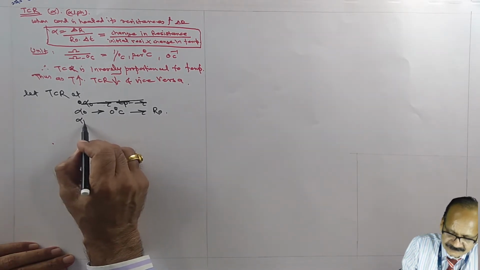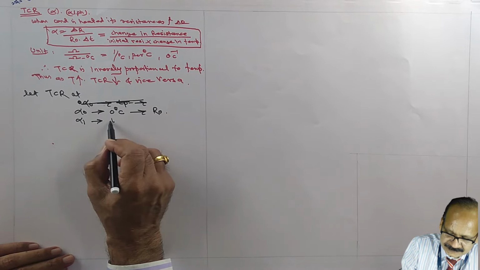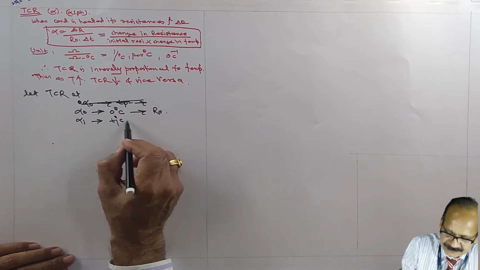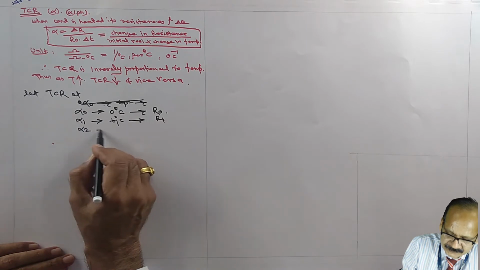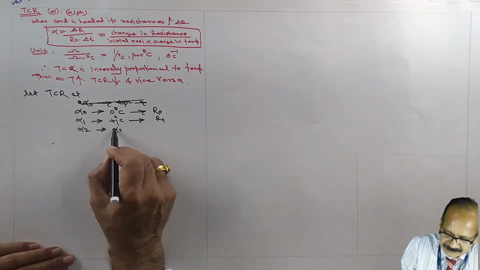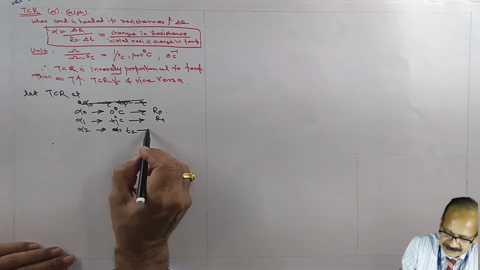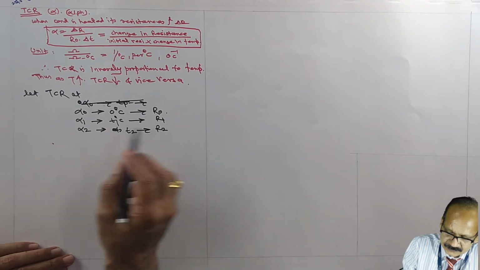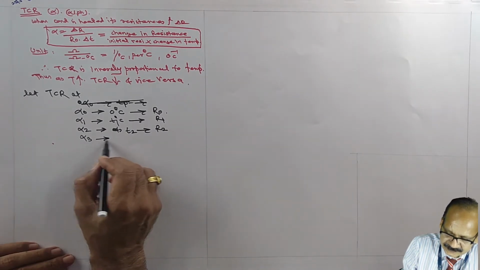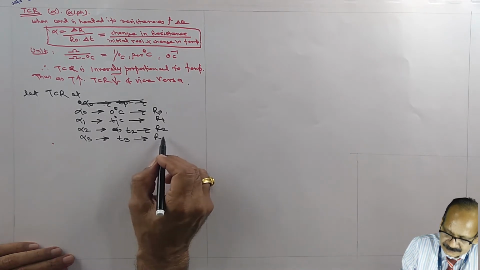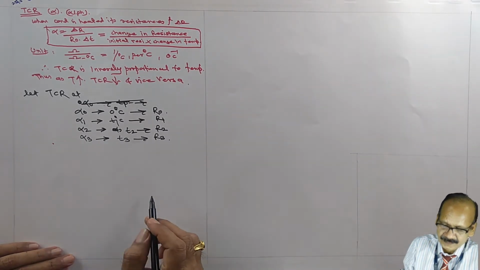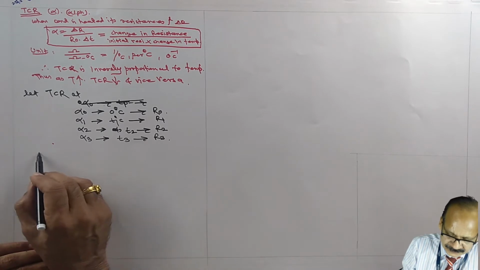Then the TCR alpha 1, corresponding temperature is T1 degree Celsius and corresponding resistance is R1. Similarly, alpha 2 corresponding temperature is T2 degree Celsius and corresponding resistance is R2 ohm. Alpha 3 corresponding temperature is T3 and corresponding resistance is R3.